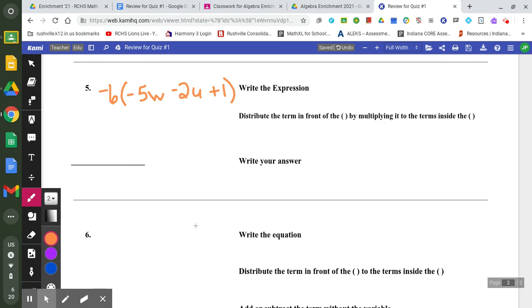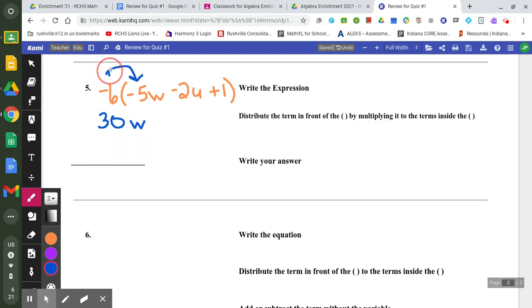Number 5 is actually an expression because there is no equal sign. So we're not going to be solving for a number. But we are going to distribute the term in front of the parentheses by multiplying it to all the terms inside the parentheses. So I have negative 6 times negative 5w, so that gives me a positive 30w.